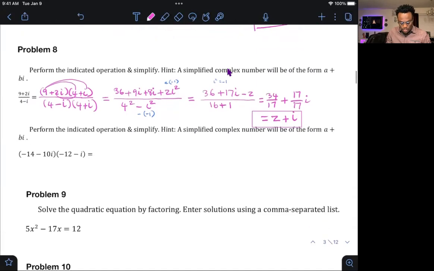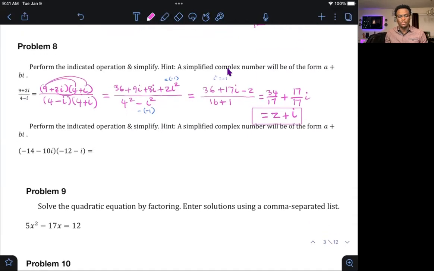And the next problem, the same number 8, but the second part of it is multiplication of these two complex numbers. So that is negative 14 times negative 12, that's plus 168. And then you got negative 14 times i, that's negative 14i.